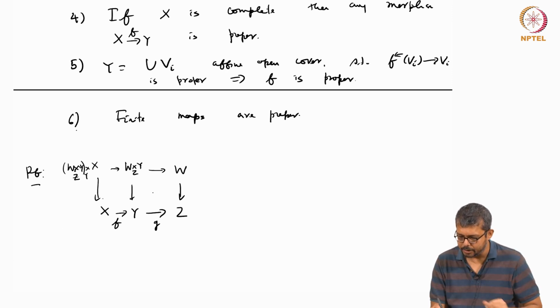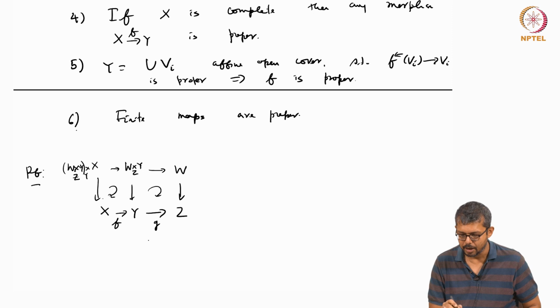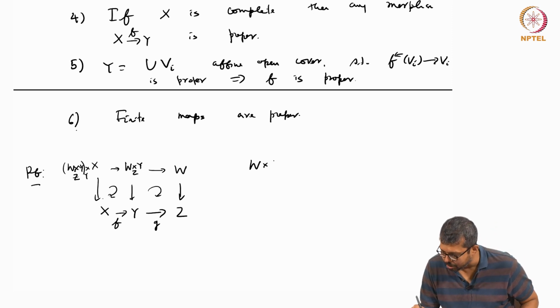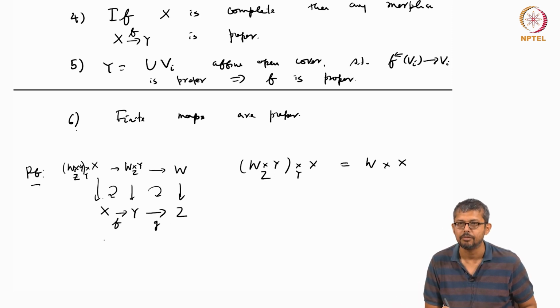Now the point is that this diagram commutes, and this rectangle also commutes. And the point is that W cross Y is the same as W cross X under this map G composition F. Because X to Z there is a map, right?